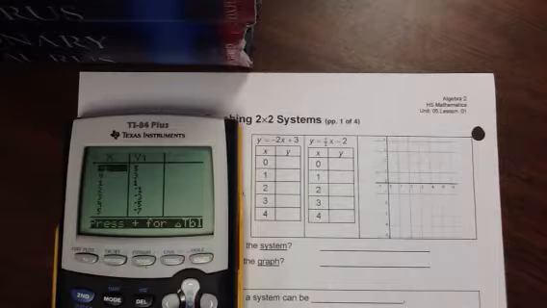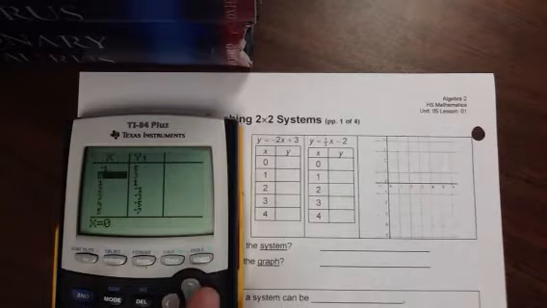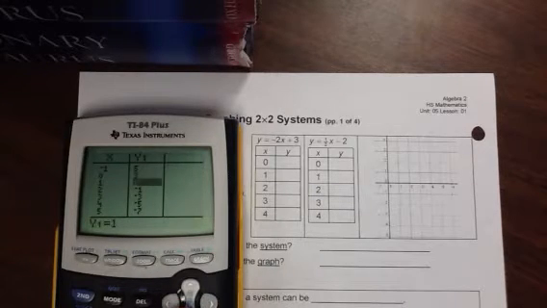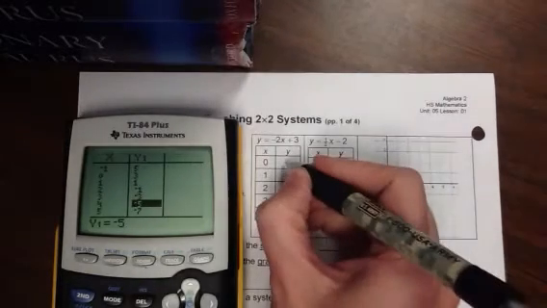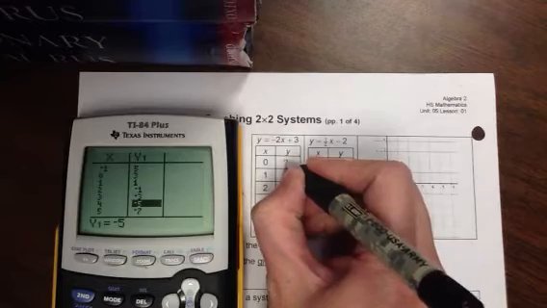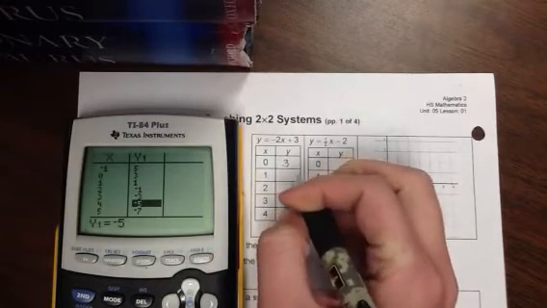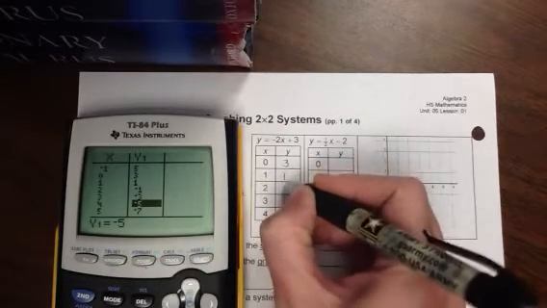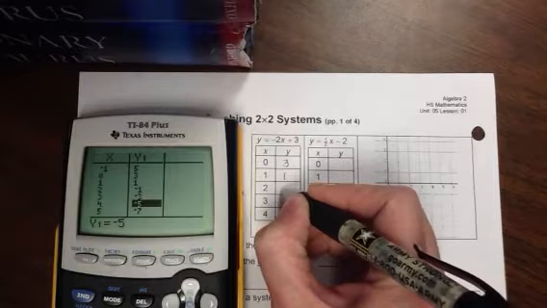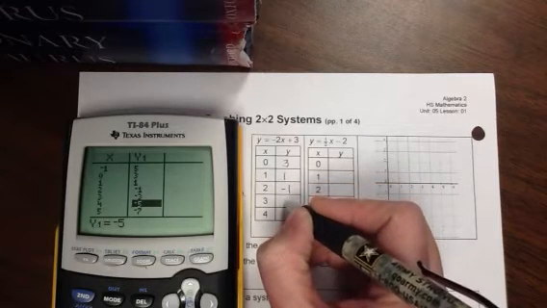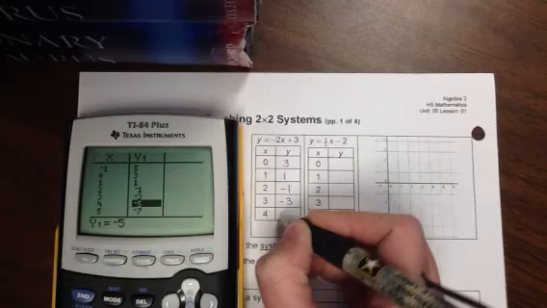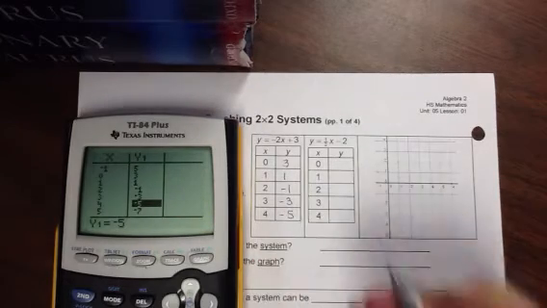And then we could actually pick the values from here. So 0, 3, 1, 1, 2, negative 1, so on and so forth. So we can write those down. Negative 3, 4, negative 5.